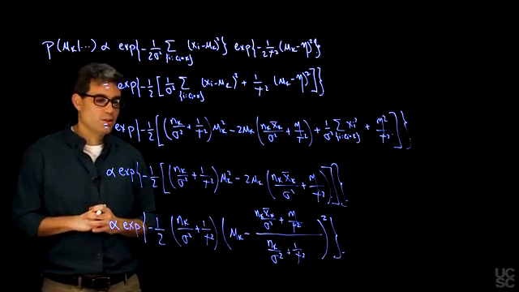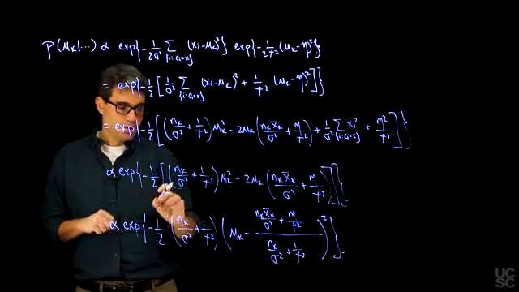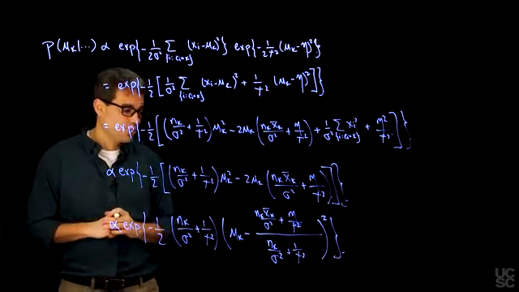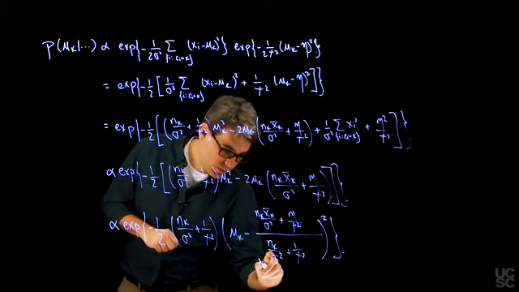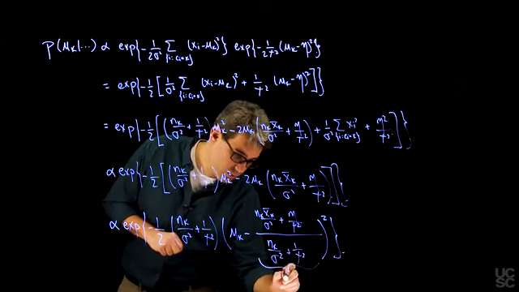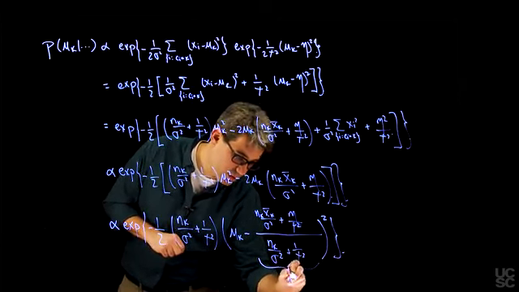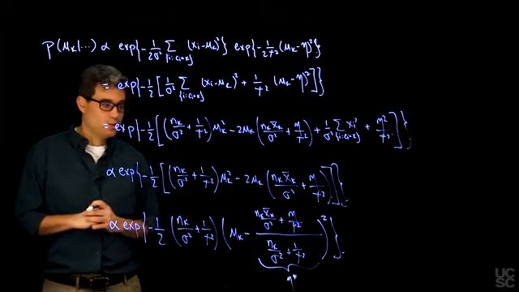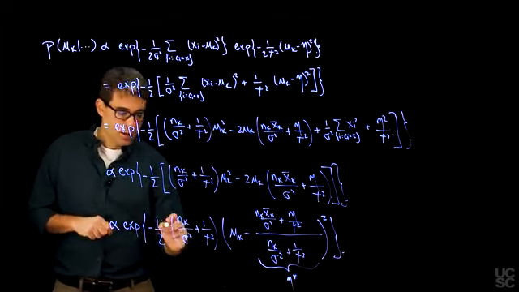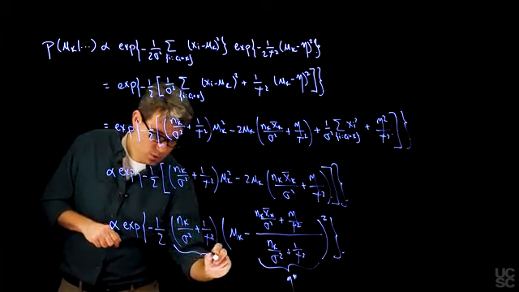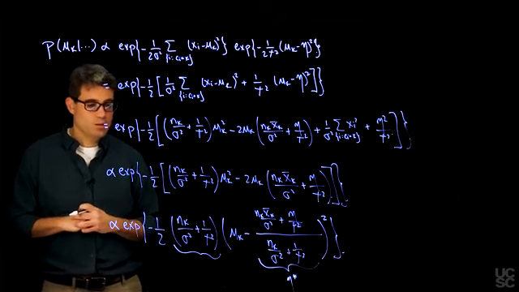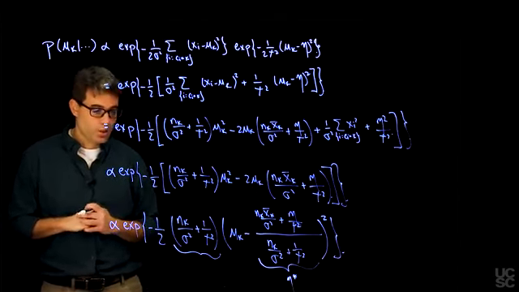And if you look at this carefully, you will see that this looks like the kernel of a normal distribution, where this term here, you can call it eta star if you will, is the updated mean. And you can see this term as being the updated precision.